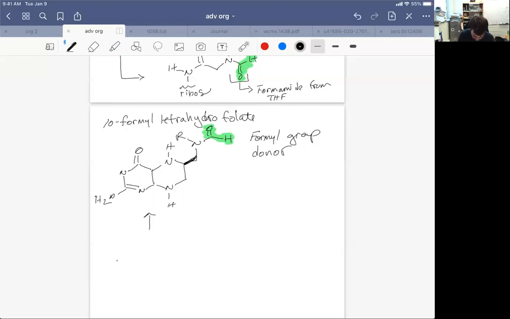I did, double bond right here. Well, maybe it's too much to cover, but what happens is these two nitrogens, this ethylene diamine unit, will capture formaldehyde and convert to a formamide.